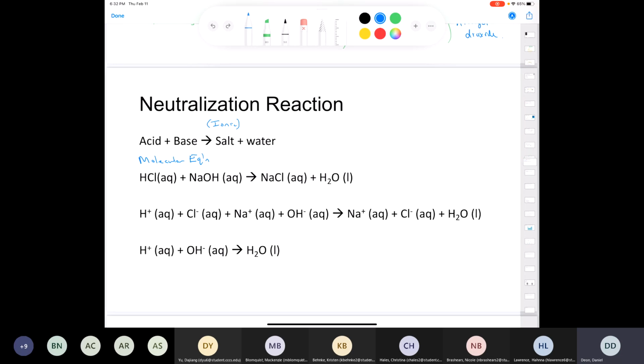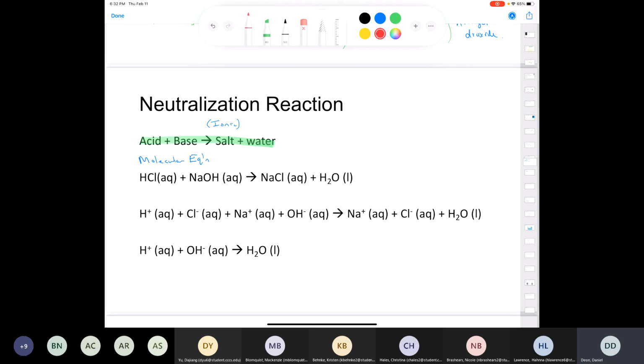It's in an aqueous solution, mind you. So we take the strong acid and strong base, both of which are dangerous to our skin, for example, and we end up with nothing more than a solution of salt in water. You need to have this memorized: a neutralization is acid plus a base gives you salt plus water. Again, not necessarily table salt, but an ionic compound.